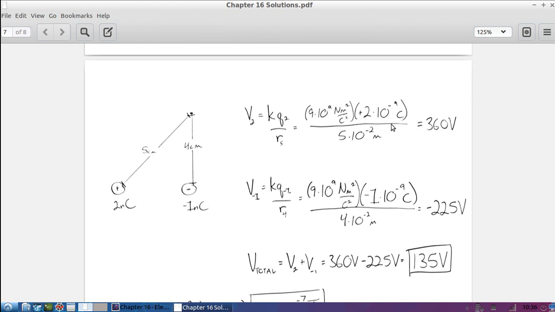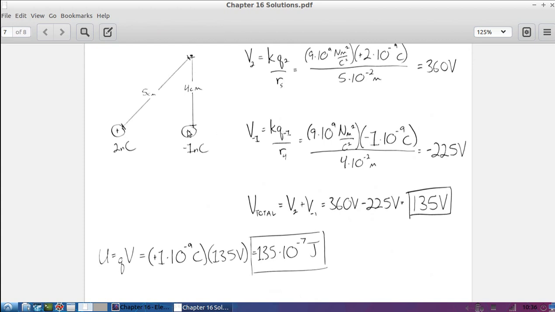A quick step, maybe make our lives easier, and help us avoid calculation errors. So actually my numerator is just 9 times 2. So it's 18 divided by 5 times 10 to the negative 2 meters. Again, not squared. So we have a potential of 360 joules per coulomb, or 360 volts at that location. But that's just due to the 2 nanocoulomb charge.